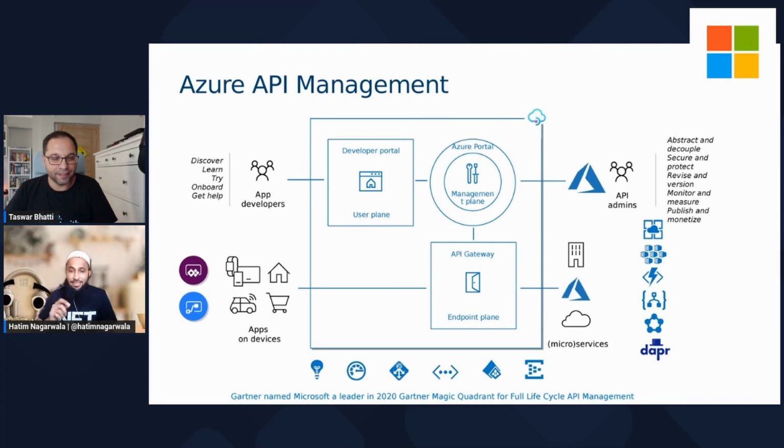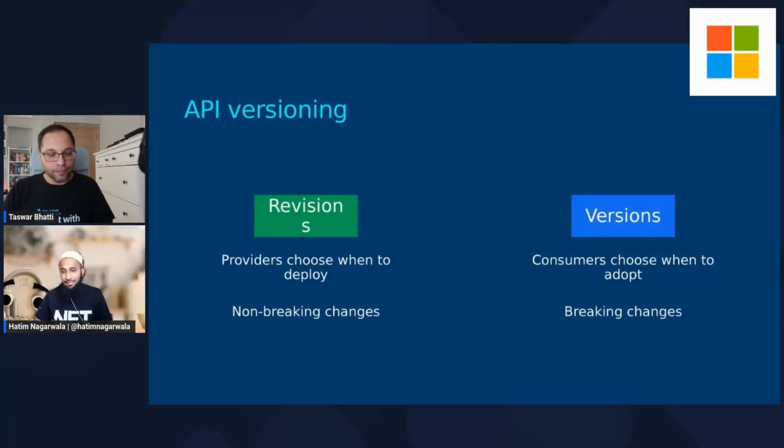Cool. And one thing to remember as a benefit of API management is it's not only the features which I discussed right now. One of the great features is the versioning system: you can have multiple revisions as well as versions on your API management. So whenever you are updating, the consumers can actually choose when they want to adopt it.